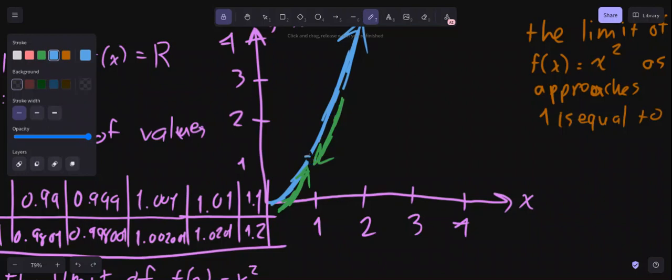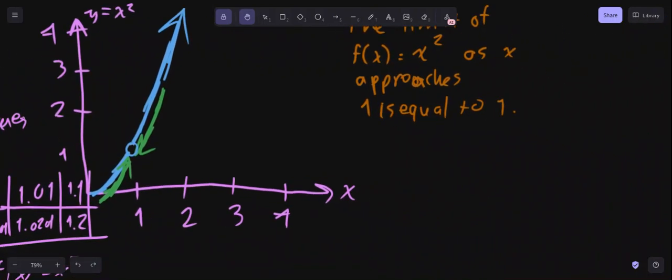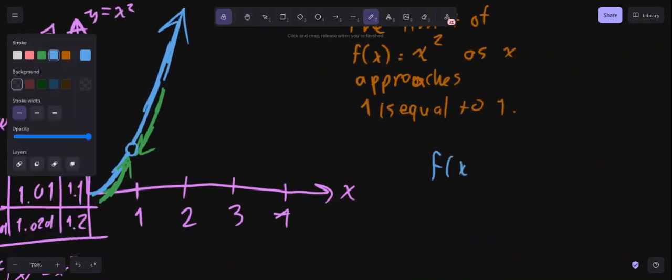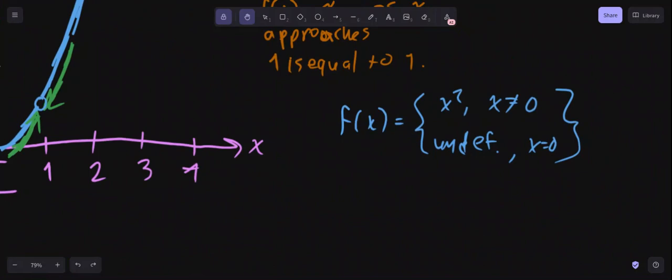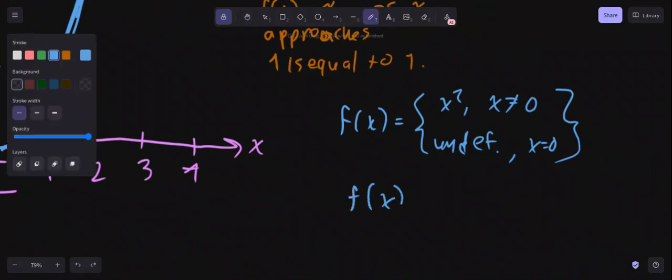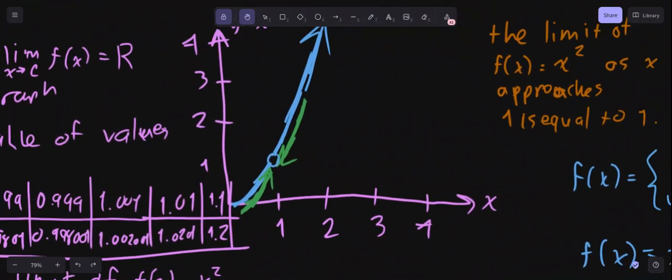So if the point is undefined at x equal to 1, maybe we've defined our f of x to be equal to x squared when x is not equal to 0, and undefined when x is equal to 0. Or another way you could write it, instead of a piecewise function, is to just say f of x is equal to x squared for x not equal to 0. I guess that would be the better one to choose.